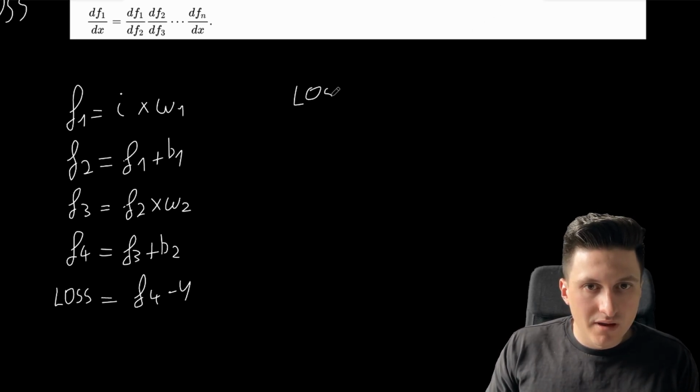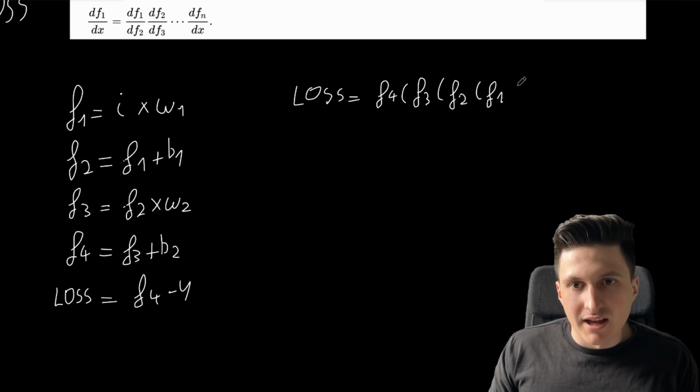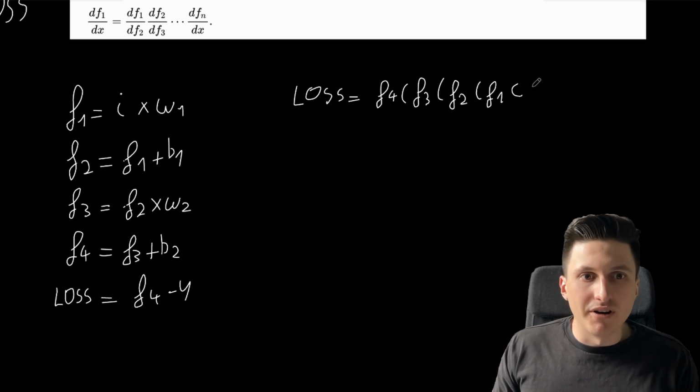Loss is basically just f4 applied onto f3, applied onto f2, applied onto f1, and the input to f1 is just I.